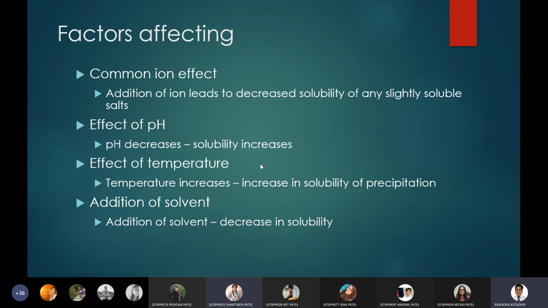Anyone else who can describe the common ion effect? Sir, if we take the example of acetic acid and add sodium acetate, acetic acid will break down into H plus and CH3COO minus, and sodium acetate will break down into sodium and acetate.